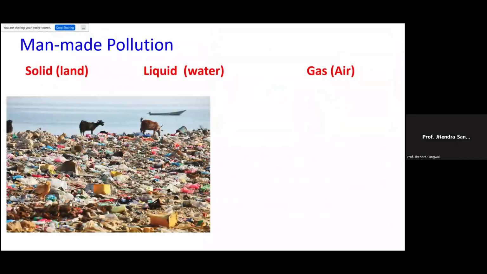So if we understand the pollution, one can say that pollution can be primarily divided into solid, which is land-based. We can see that plastics are lying everywhere, plastic pollution and many other things. Reasonably, the molecules are very closed here. These are in solid form, and therefore it is relatively easy to segregate this pollution. Of course, one of the challenging factors here is that you have to degrade that.